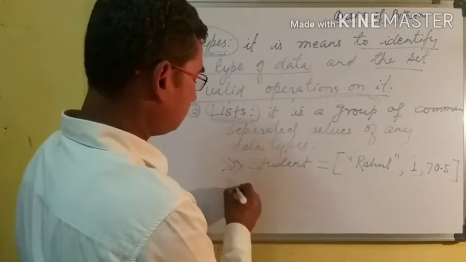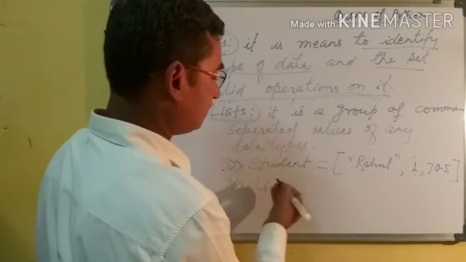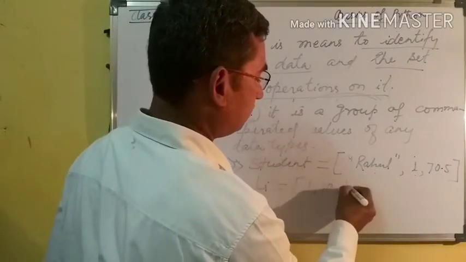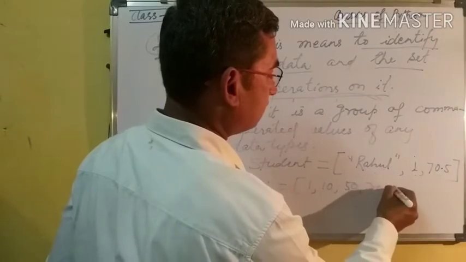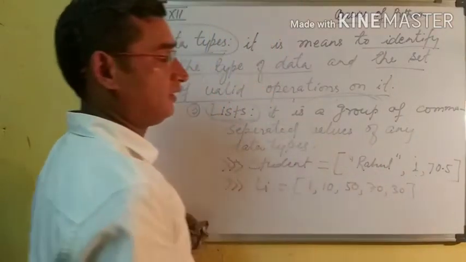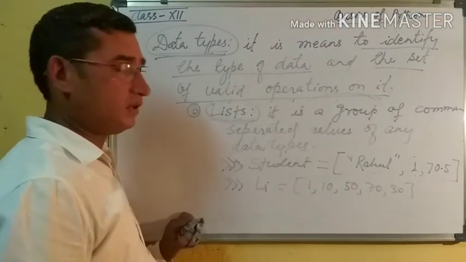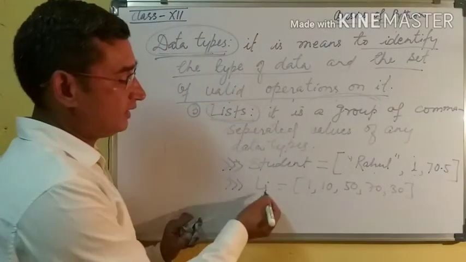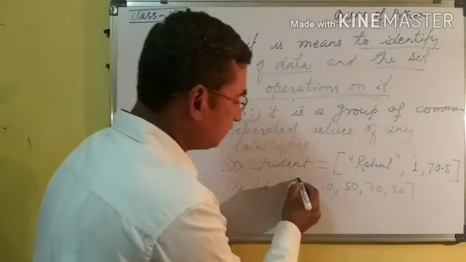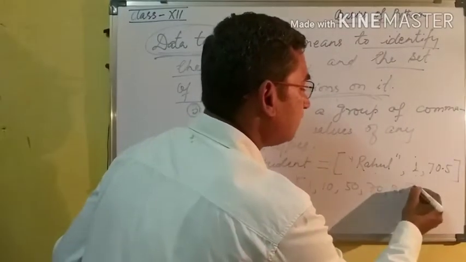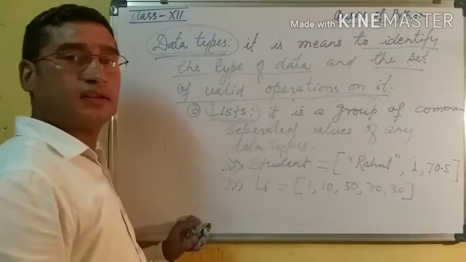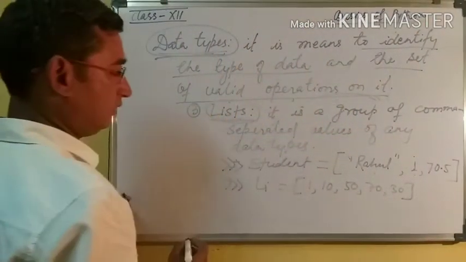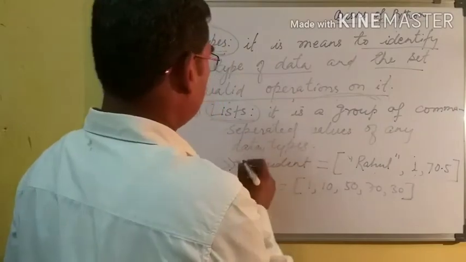In any list, suppose li is a variable. If you have written 1, 10, 50, 70, 30, these values you have stored, it means all these values will be stored into this li variable, and this li is known as a list. This list is enclosed in square brackets.